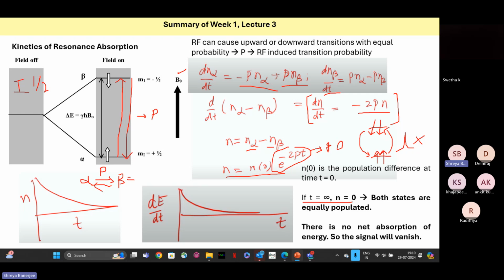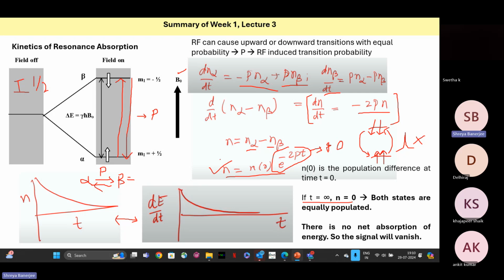If we plot this equation, n with respect to t, there is an exponential decay of n. At t0, the difference between alpha and beta is maximum. But as time goes to infinity, the population difference n slowly decays till it reaches 0. Similarly, this graph is very closely related to the graph of dE/dt, which is the energy absorbed with respect to time.